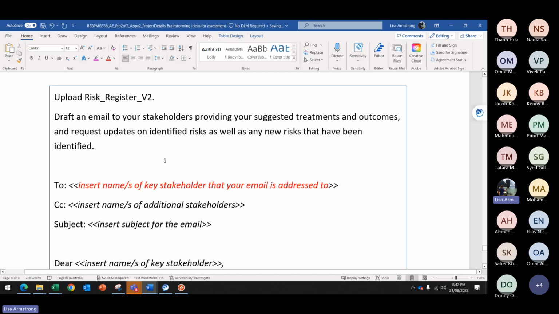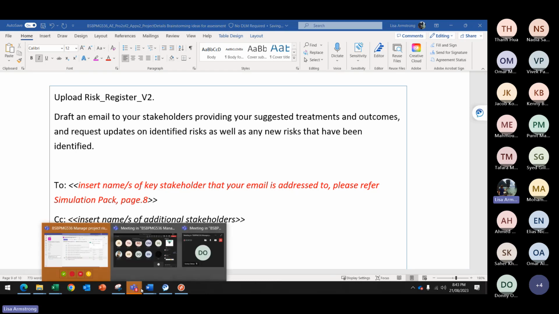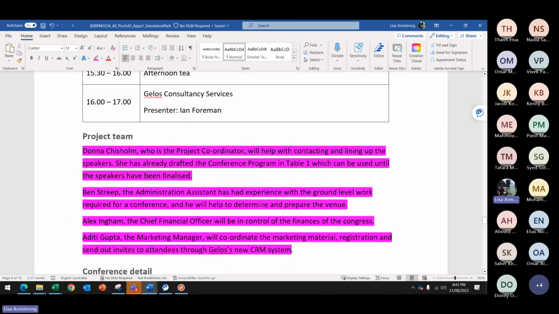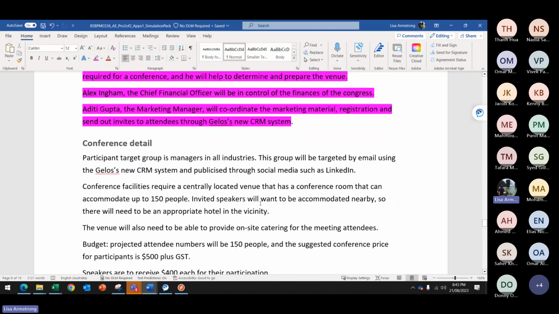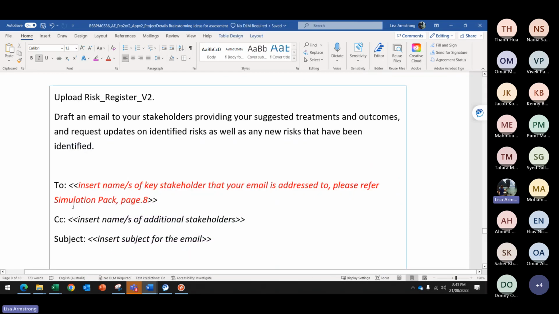I might say, please refer to the simulation, because that will give you the names of our project team. I think I said page 8, didn't I, before? For our project team, page 8. Yeah, brilliant. So this might go to Donna or Ben or Alex or Aditi.